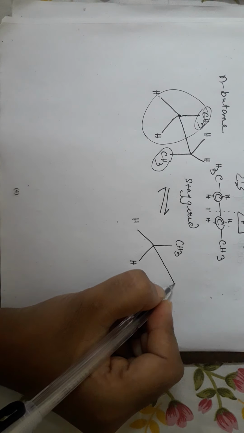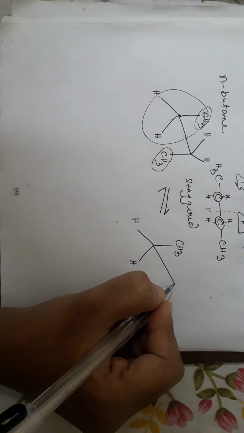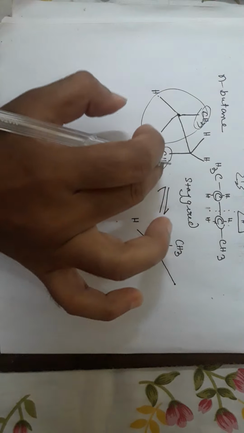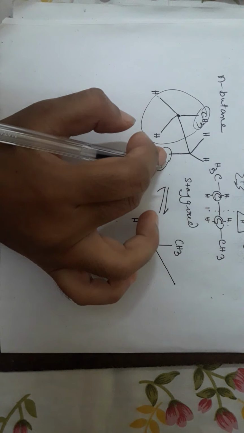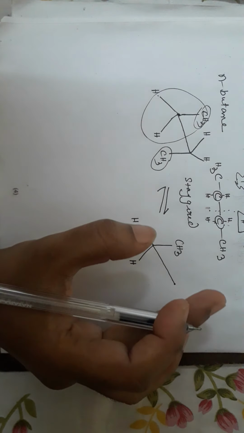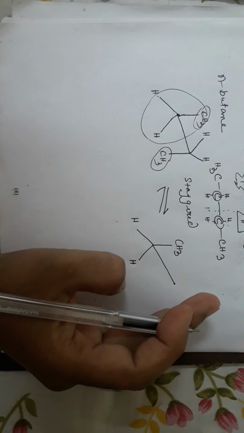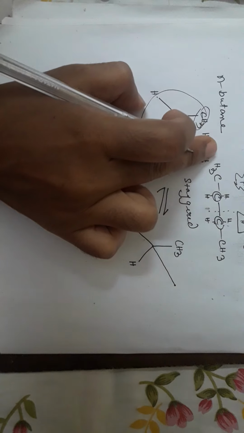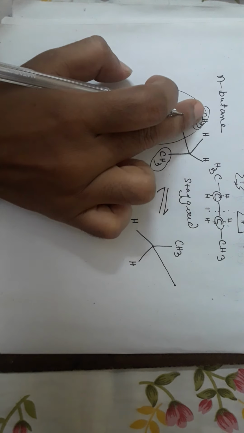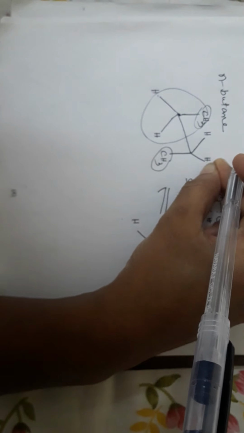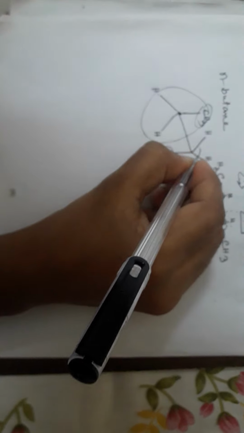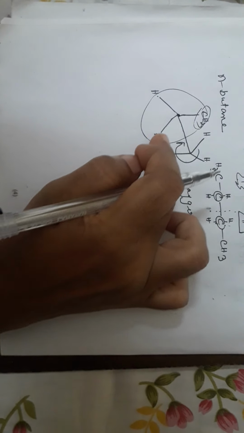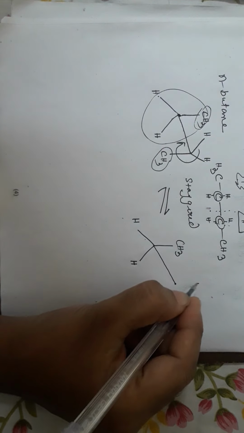As we are drawing the eclipsed, the positions of the groups will be as close as possible. So this CH3 I have to bring here, just close to this CH3. So hold this CH3 and keep it here by rotation.